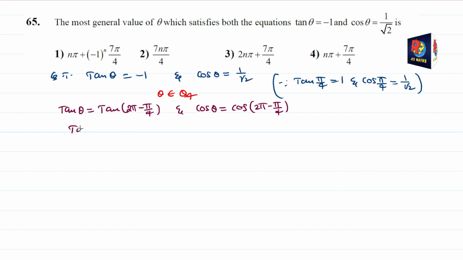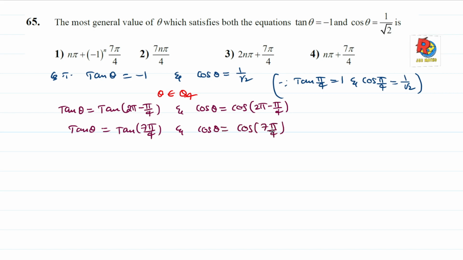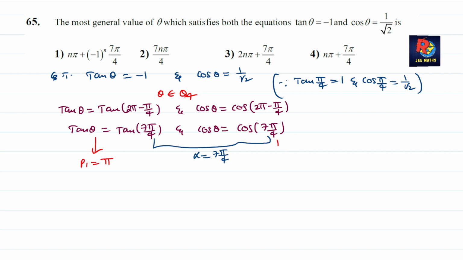Now I can write tan theta equals, if I take an LCM, 7 pi by 4, and cos theta equals cos 7 pi by 4. By observing these two, here alpha value equals 7 pi by 4. But here the periodicity of tan is pi, and the periodicity of cos is 2 pi. So LCM of P1 and P2.